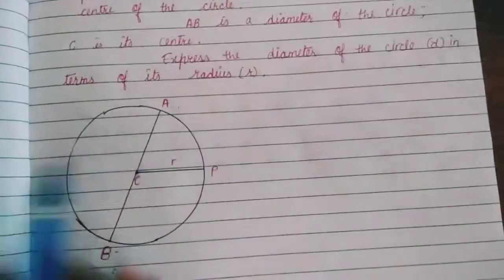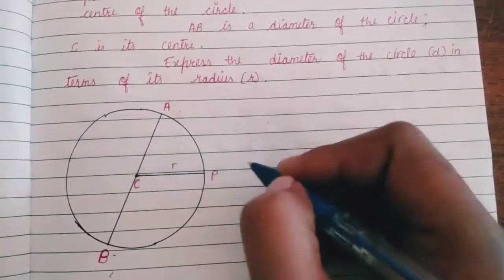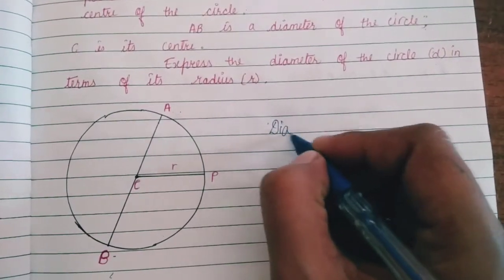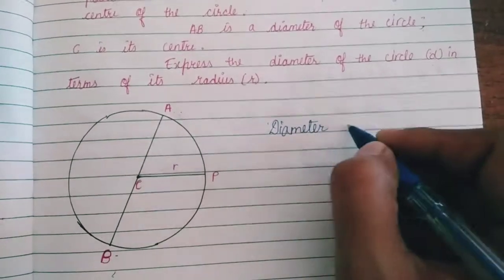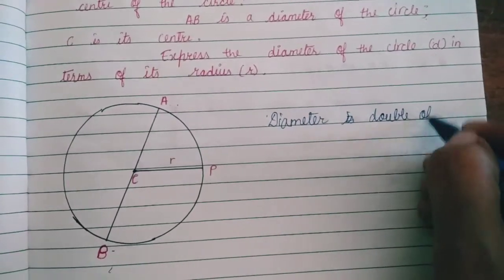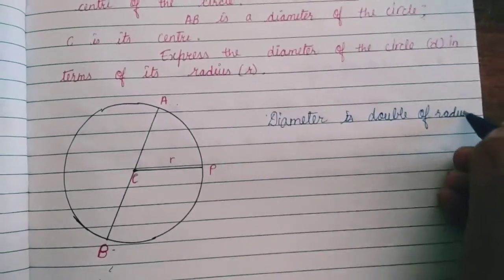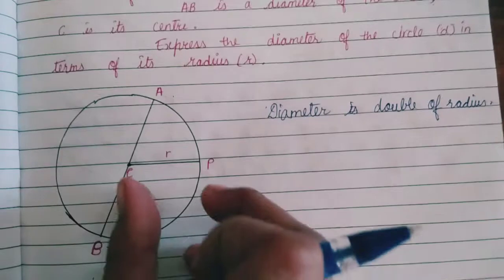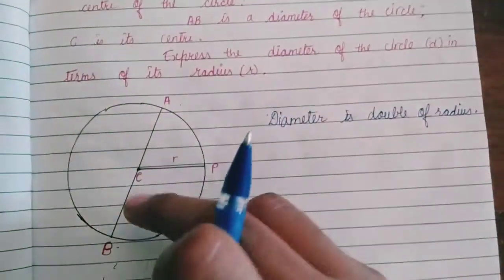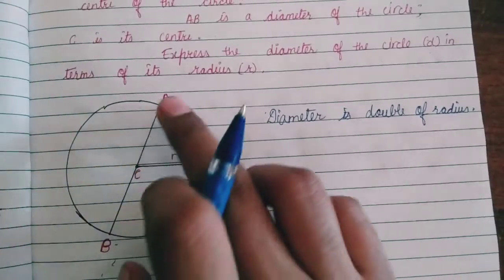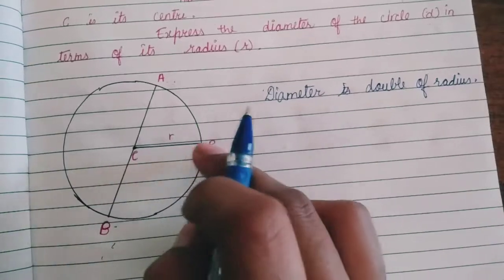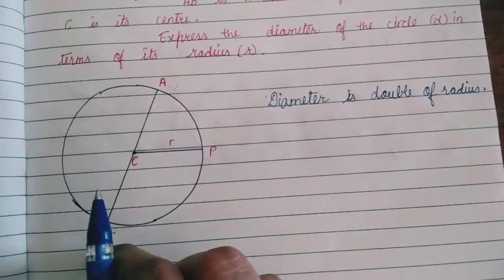Okay. Simply, the concept which we studied in the previous class is that diameter is double the radius. When we rotate this CP from the upward direction, it is exactly equal to CA, and when we rotate this CP to the downside, it will be exactly equal to CB.